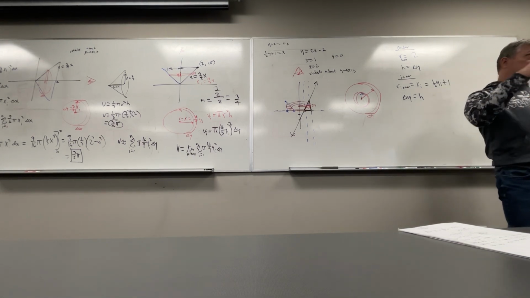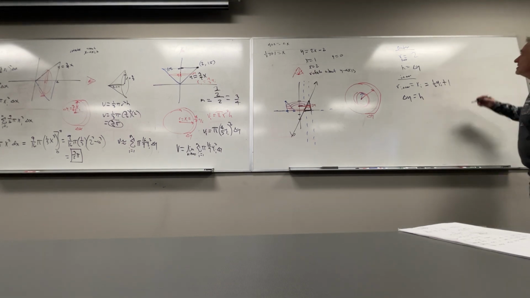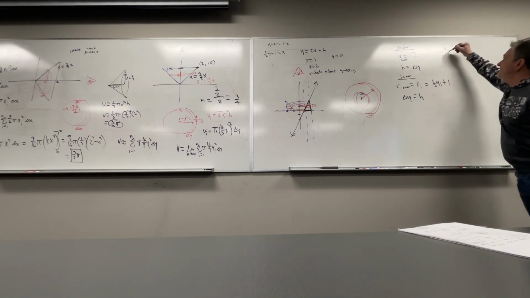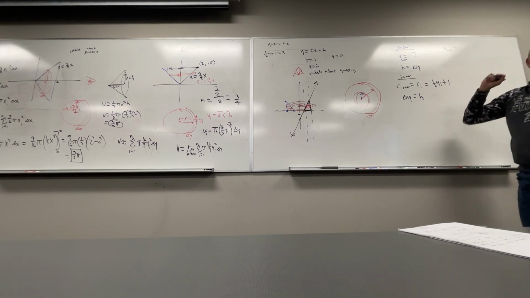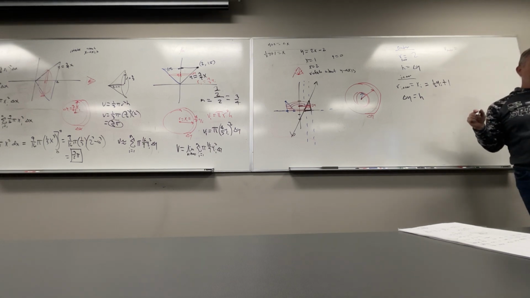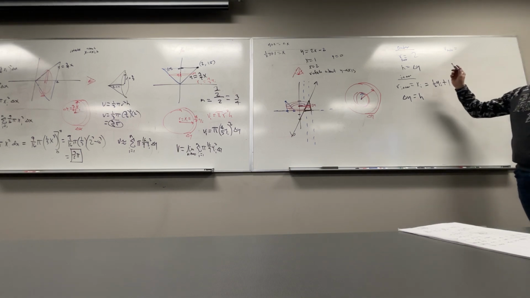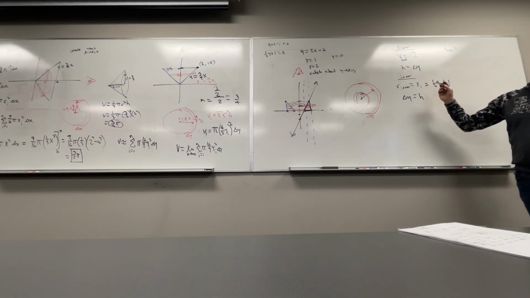And then I can just stack them up. So the volume of the outer is pi r squared h, right? So 4 pi delta y, right?